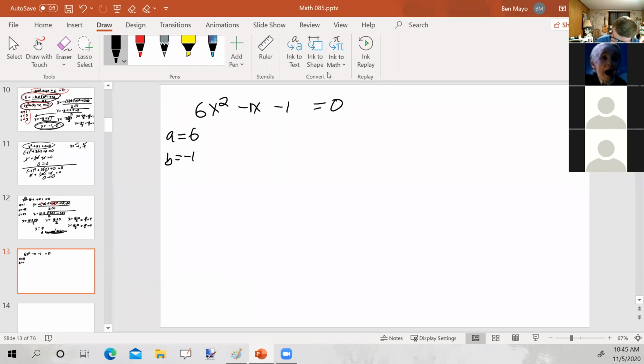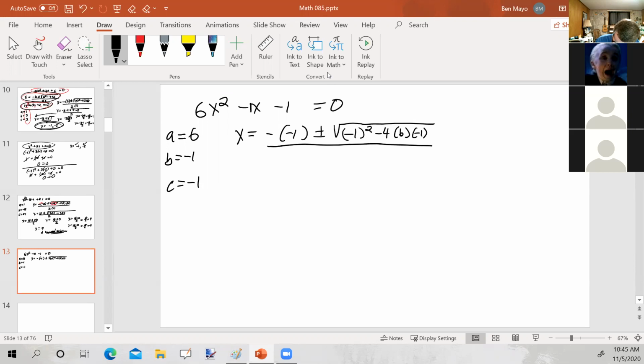There's a -1 in front of the x, and c is also -1. x equals -b plus or minus the square root of b squared minus 4ac all over 2a.